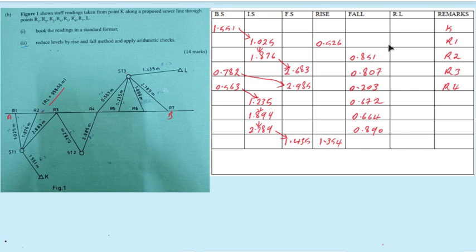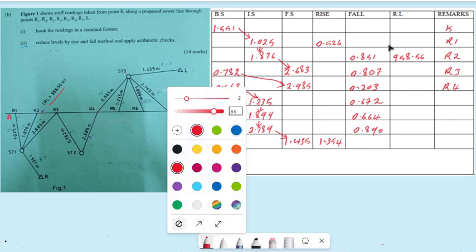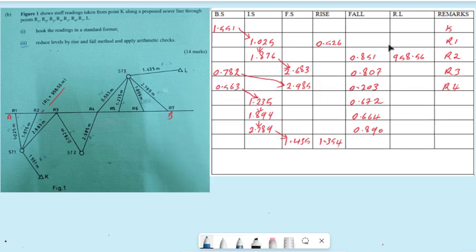So where we have reduced level 2, we have 958.56. So with this, we can reduce the levels, and automatically the levels that we are going to reduce there are from K up to the last reading.